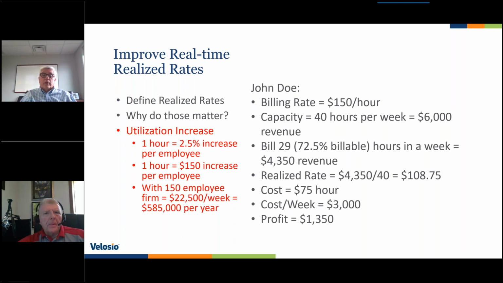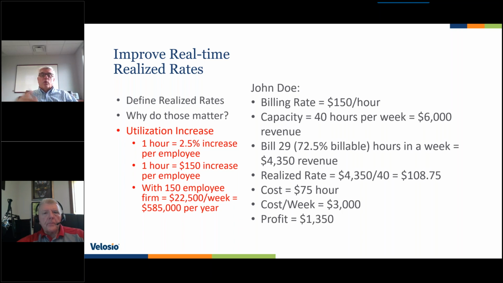Oh yeah, absolutely. So in this example, all of the cost stays the same, and the billing rate stays the same. So this resource is still costing us $75 per hour. Their cost per week is $3,000. Our capacity is $6,000.